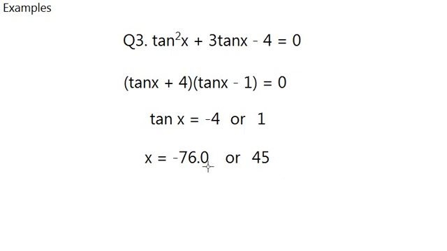So how should we fix this? For a tangent graph, you want to add 180 to your answers. So if you add 180 to -76, you get 104. If you add 180 to 45, you get 225.